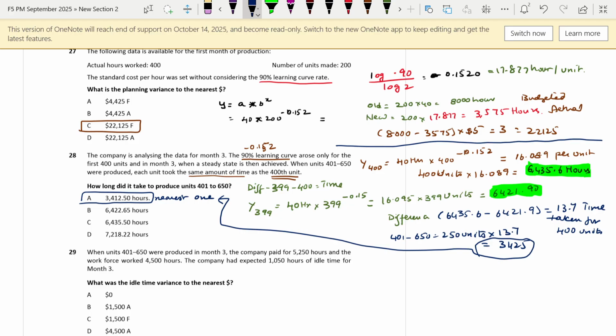I'm getting 249, including 1. 401 to 650, how much? Four, not 400, 4, 1 to 50. How much?